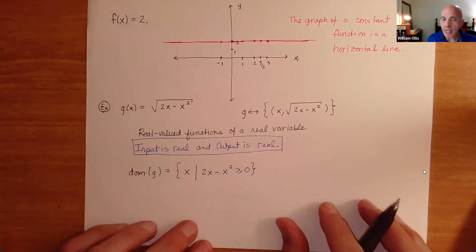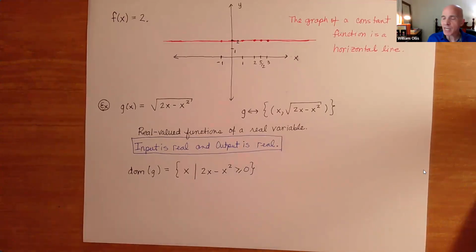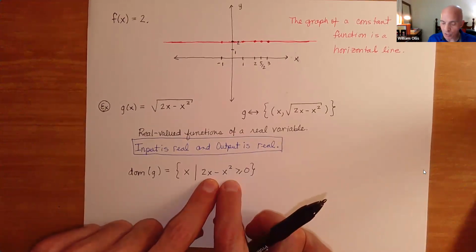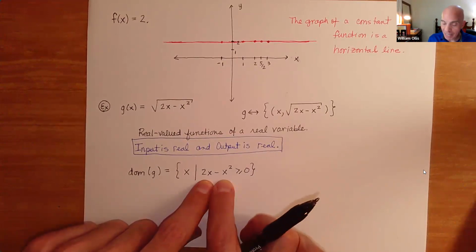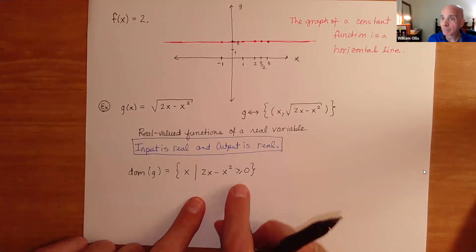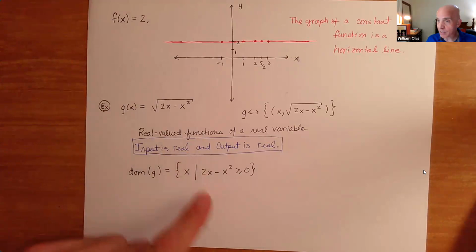So again, if we take the square root of any expression and we want that output to be real, then we must again assign values to x that will what? Maintain this particular inequality. We certainly know that 3 would not be in this set.